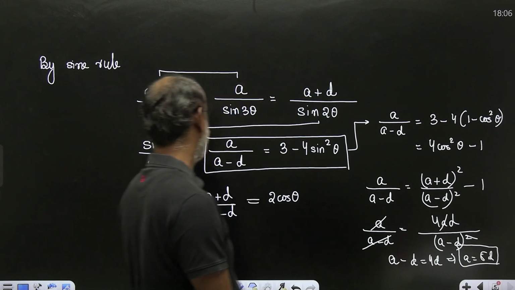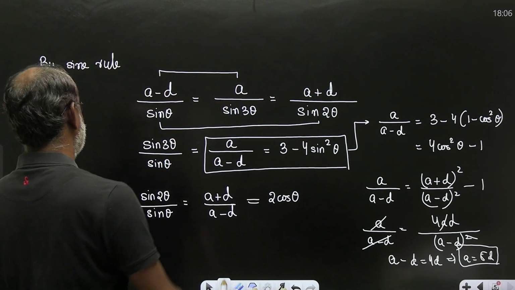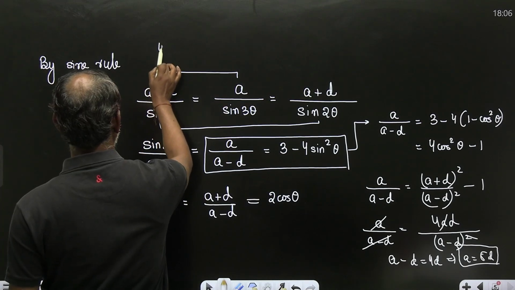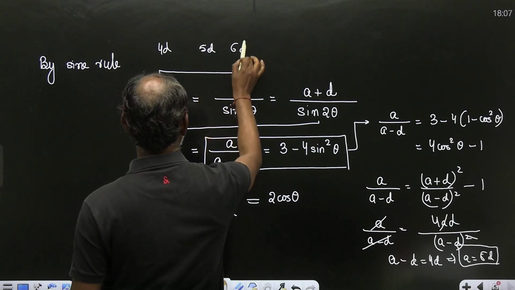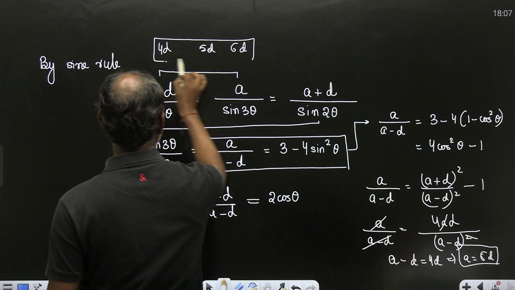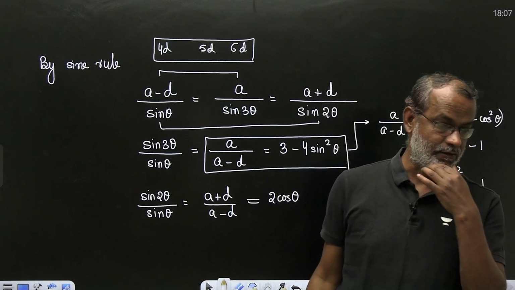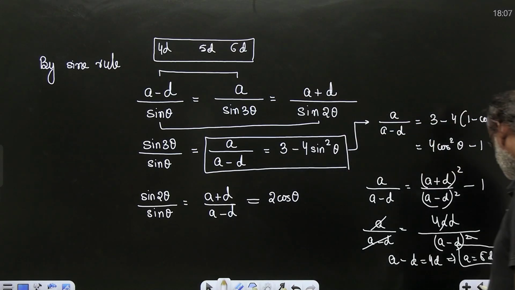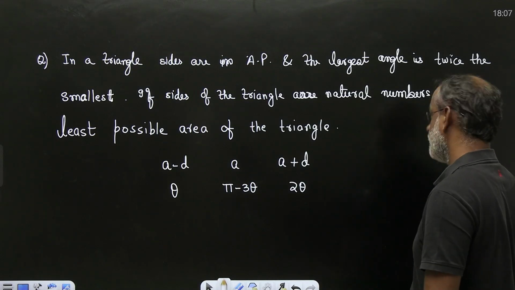So A is 5D. So sides are 4D, 5D, 6D. Okay, I think now since we gave our sides as natural numbers, we have to find the least possible area.